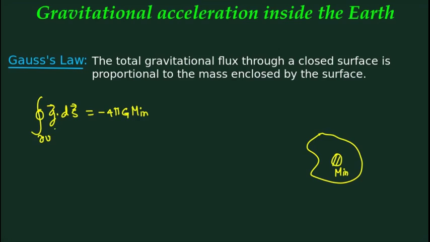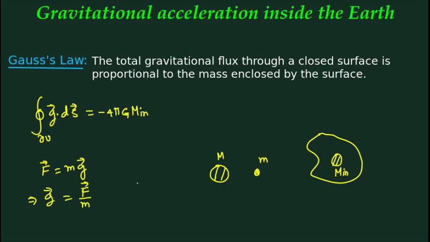So how do we define the gravitational field? Let's say we have two masses, capital M and small m. The force experienced by the small m due to the mass capital M is F equal to mass times gravitational acceleration, so g equals force by mass m.